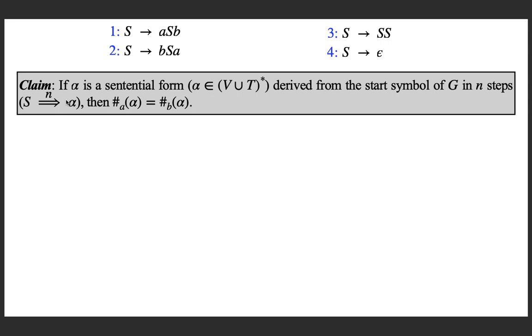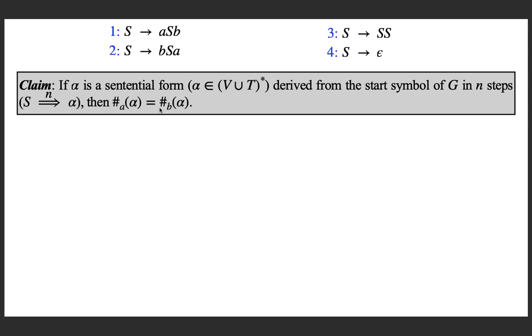So, we are claiming that if alpha is a string of variables and terminals derived from the start symbol using n steps in the derivation, then alpha must contain equal number of A's and B's.